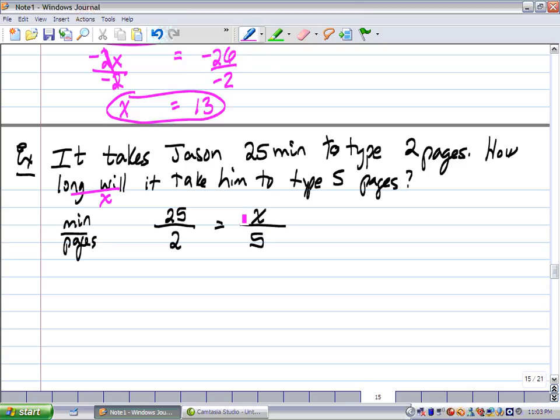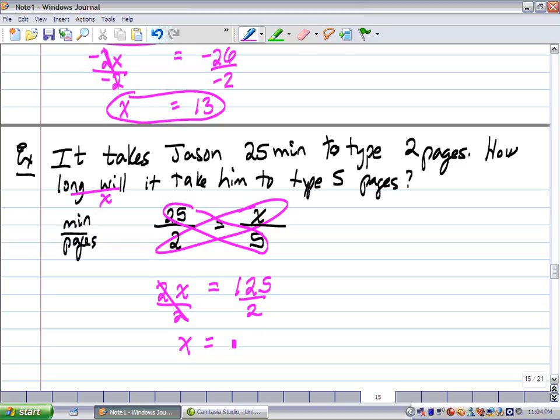Now I can solve this by cross multiplying. 2x equals 25 times 5, which is 125, divided by 2, so x equals what? 62.5, and remember on the top was minutes, so 62.5 minutes is my answer.